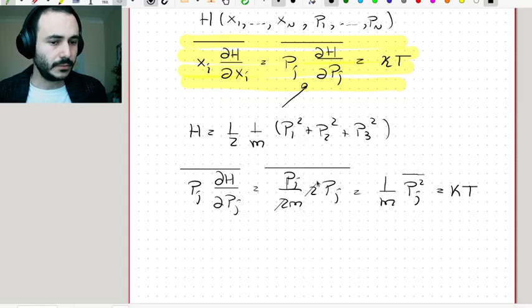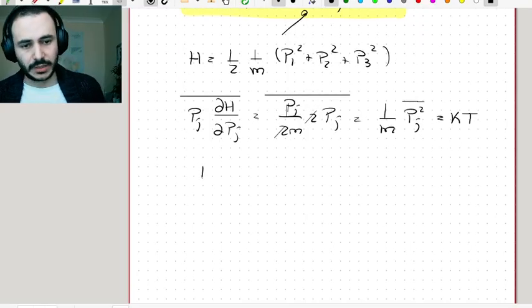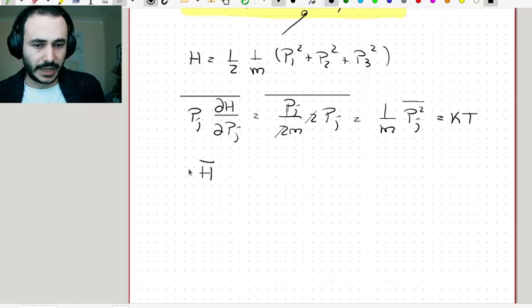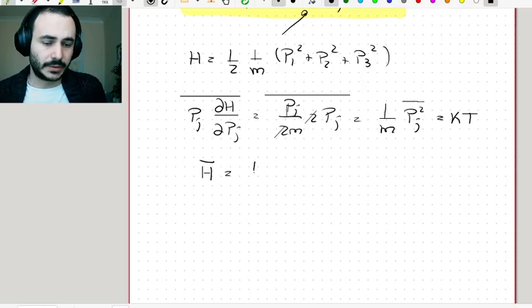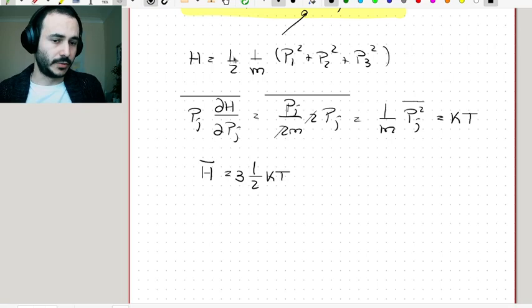So what we see is that if we take the average energy of every molecule in the ideal gas, we're going to get 1/2 of kT three times. That's because we have the 1/2 multiplying, and the 1/m p1 squared is kT, the 1/m p2 squared is kT again, and so on.